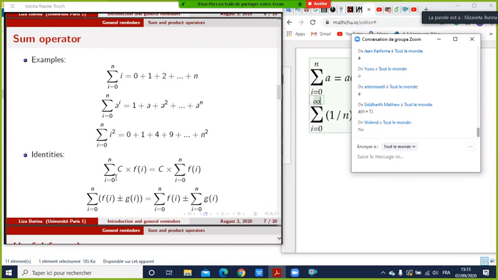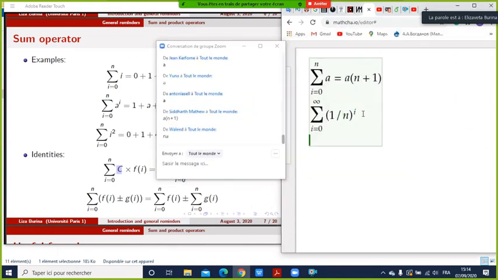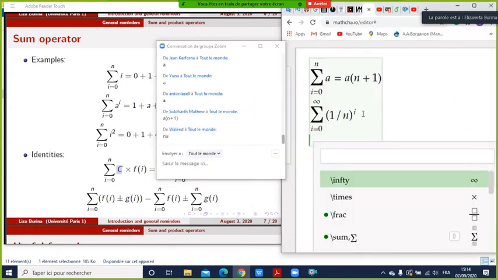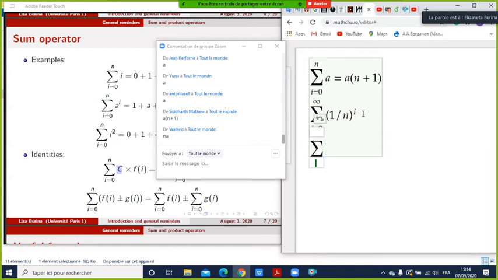And we have some identities for the sums. So we know that we can factor out a constant if we have it in our sum. So for example, again here, I'm going to write this. I have my sum from 1 to n, right? And here I have 5i.